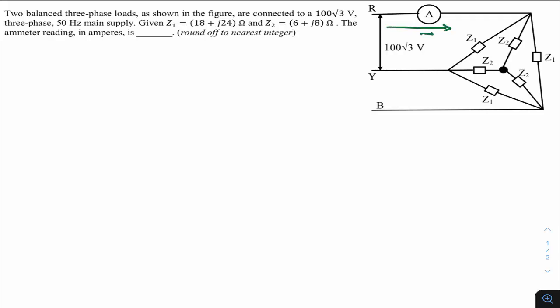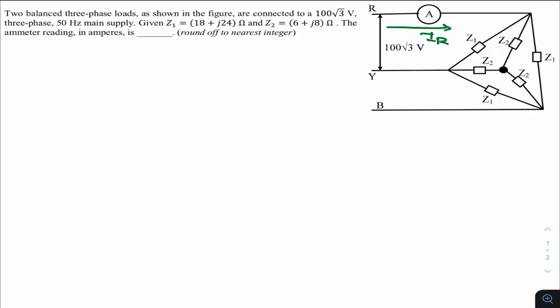So I need to find basically this particular current. This is the line current, the R line current. By observing the circuit, we will be converting the inner star into its equivalent delta. This is Z2, Z2, Z2, a star.